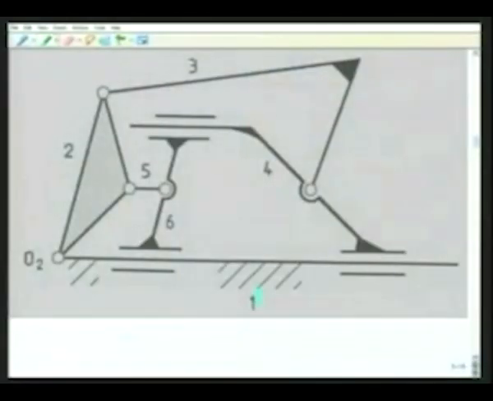Here we consider a 6-link mechanism. This is link number 1, which is fixed, which is connected to link number 2 through a revolute pair at O2. This is link number 3, having a revolute pair between 2 and 3 here. 4 is the next link, which is connected to 3 by this revolute pair. 5 is this link, which is connected to link number 2 by this revolute pair. 5 is connected to 4 by this prismatic pair here. 6 is another link which is connected to link number 5 through this revolute pair.